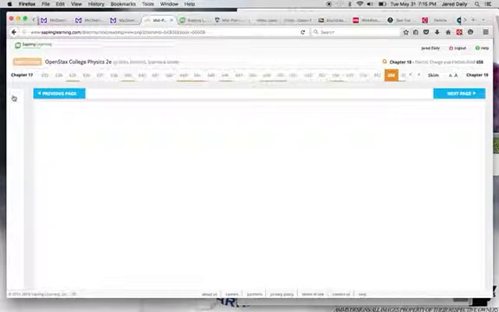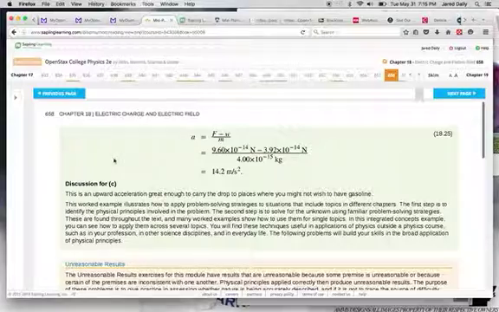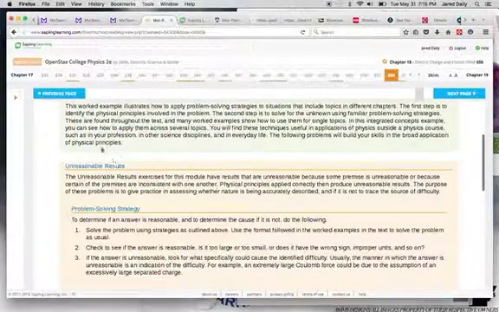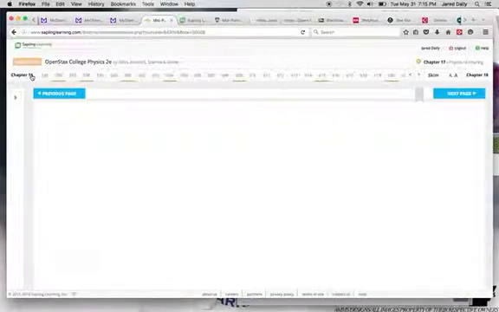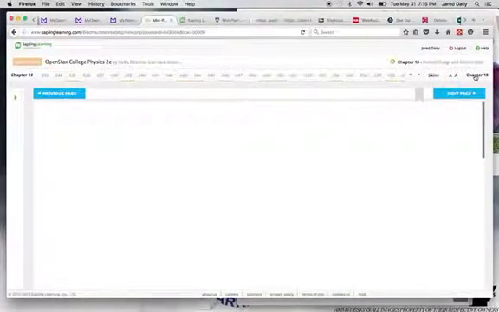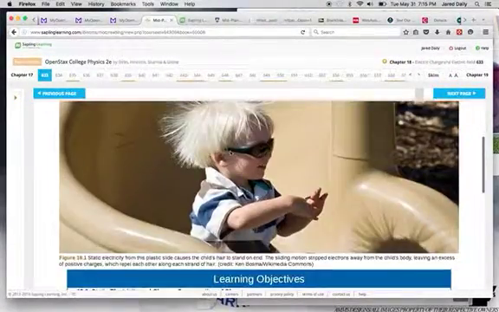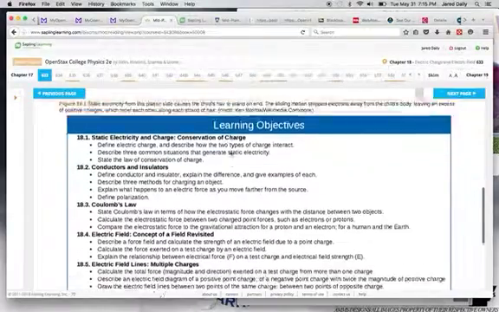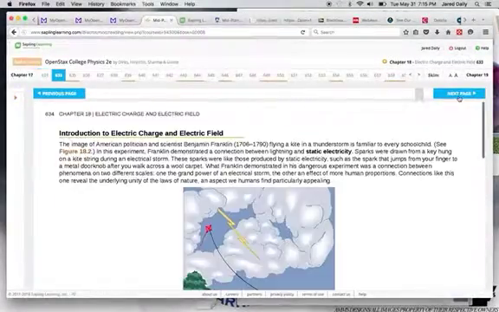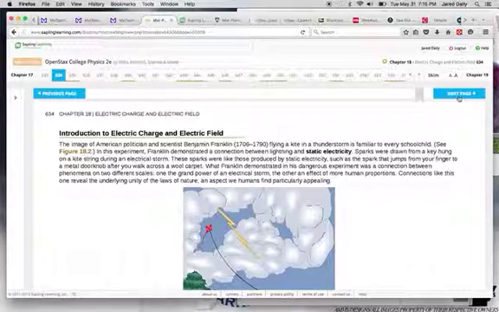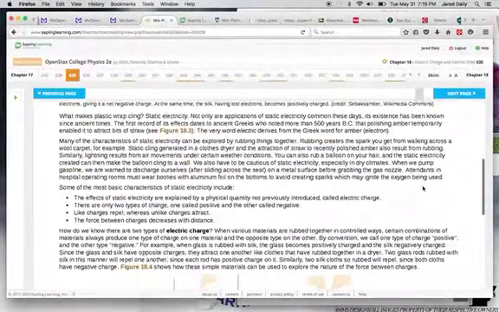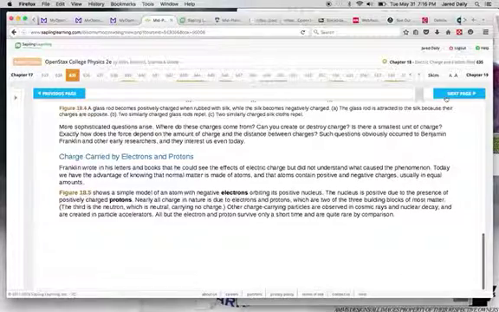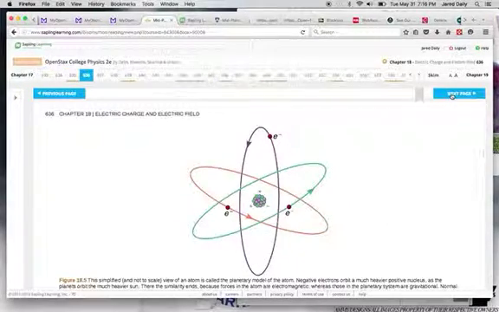So of course, the very beginning of this chapter, let's see here, we want to go to chapter 18. So chapter 18, we're doing electric charge and electric field. And of course, we learn first off, there are two kinds of charge: positive charge, negative charge, and that electrons do carry a negative charge, and protons and other things carry positive charge, and that charge is actually quantized, that it comes in specific sizes essentially.